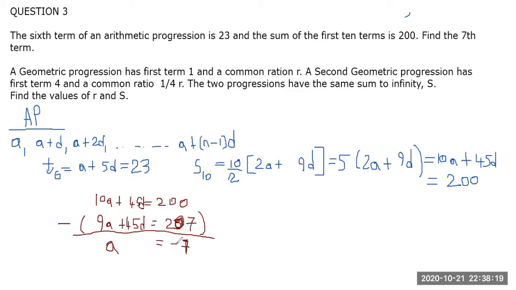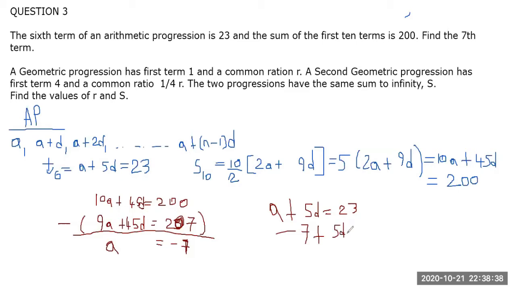Now that I find that a equals negative 7, what I know is that a plus 5d is 23. And so that tells me that negative 7 plus 5d is 23.